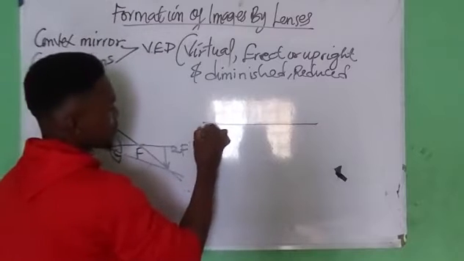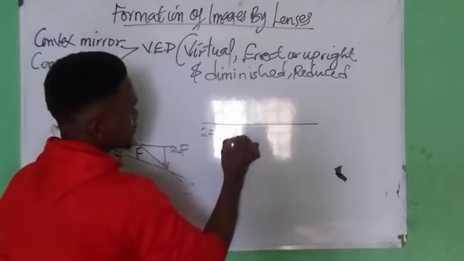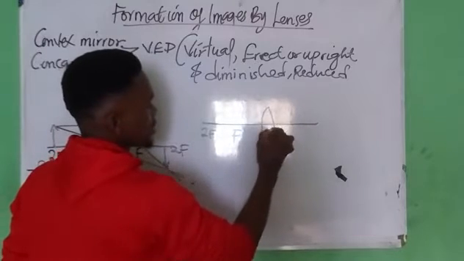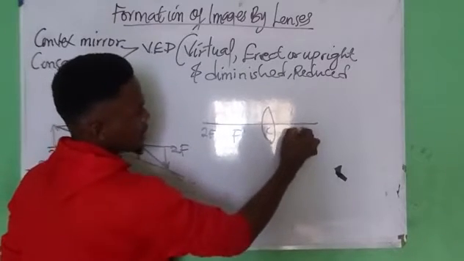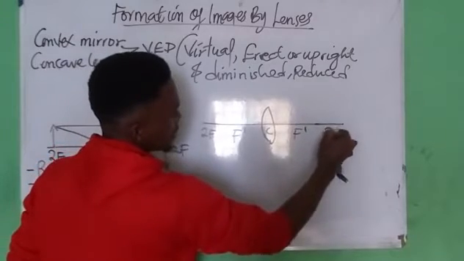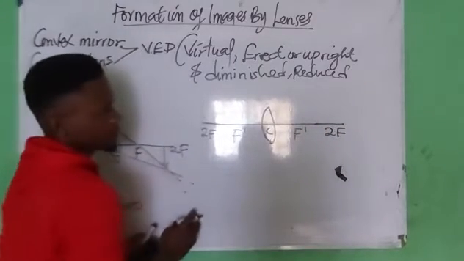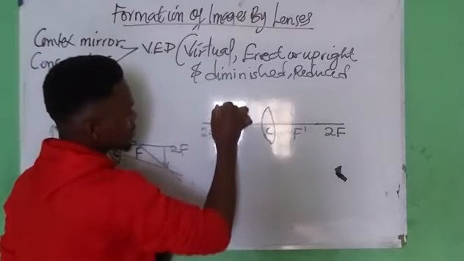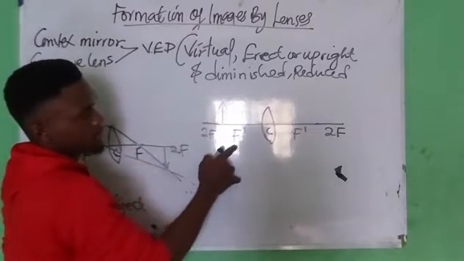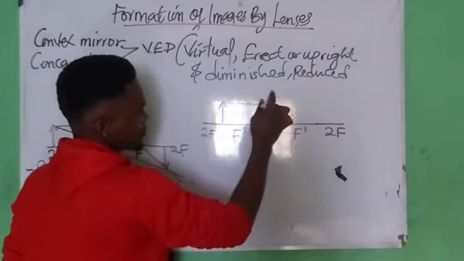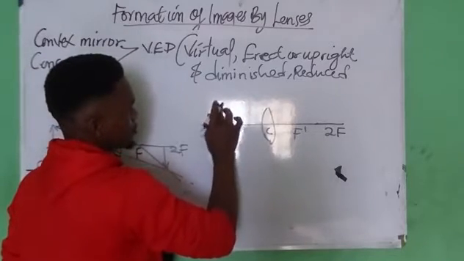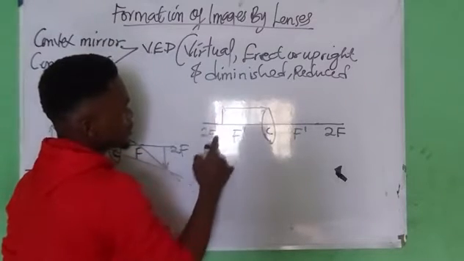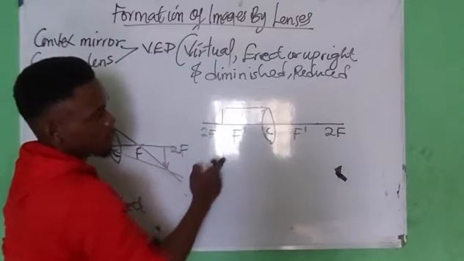What about when an object is placed, if I have something like this, 2f, and I have f1, and I have somewhere around this region my lens, this center of curvature, don't forget, I have f1 and I have 2f. Alright? If I should place an object between 2f and f, what did I tell you?